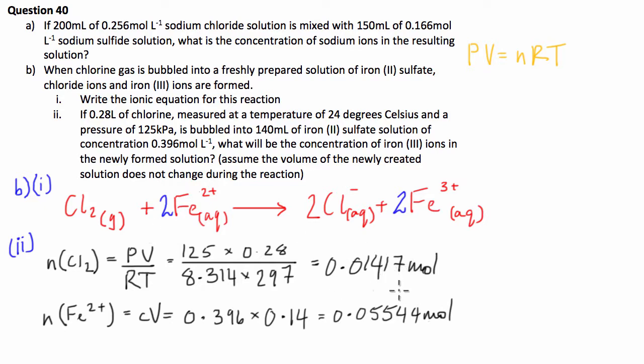Here we have 0.01417 moles of Cl2, and we have way over 2 times more Fe2+. So because of that, we can say pretty easily that Cl2 is our limiting reagent.